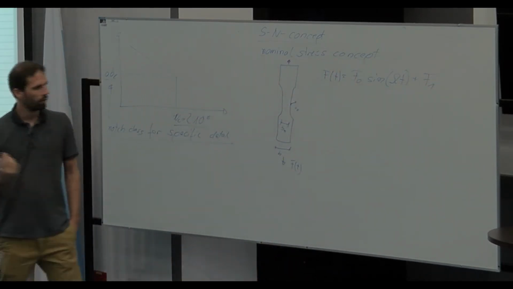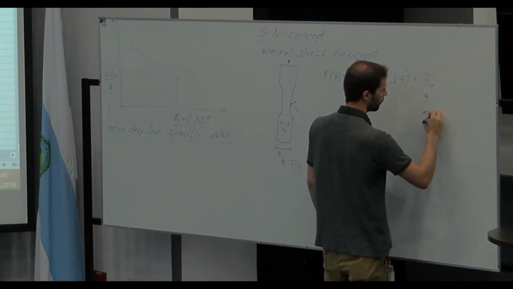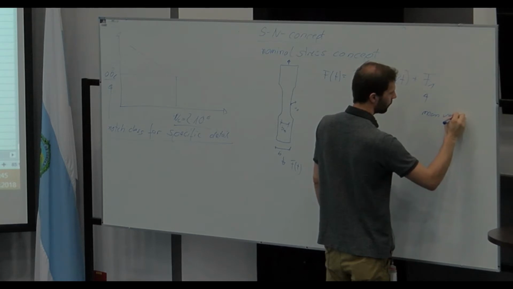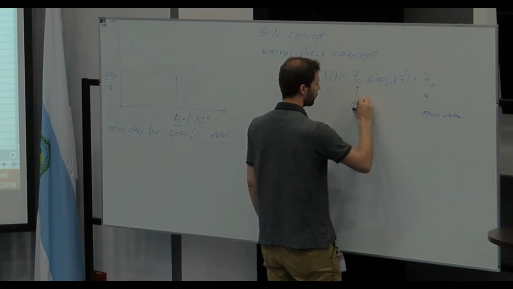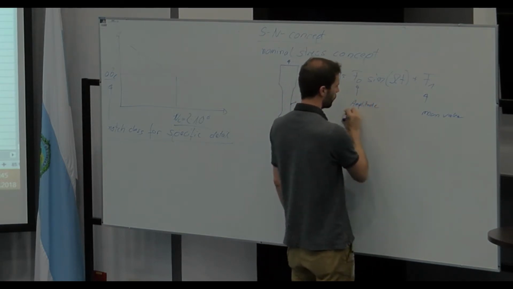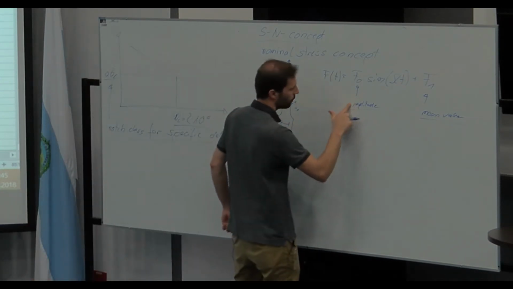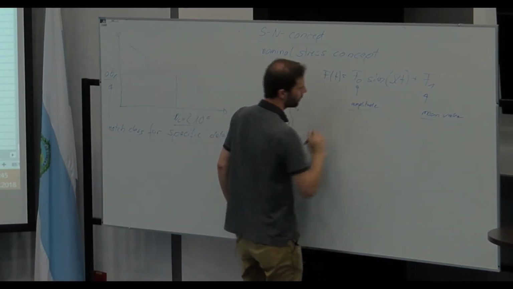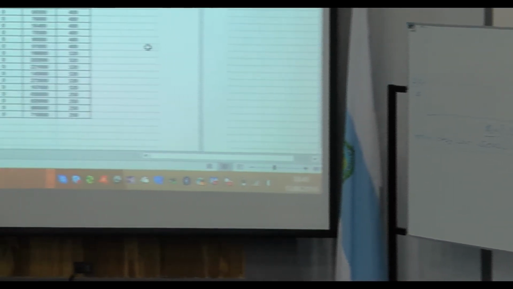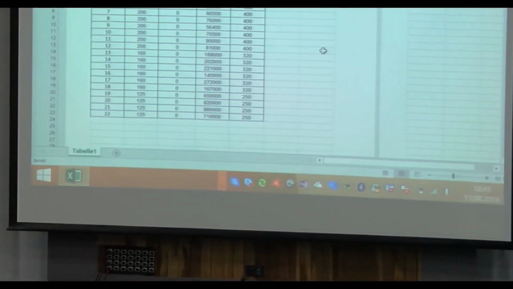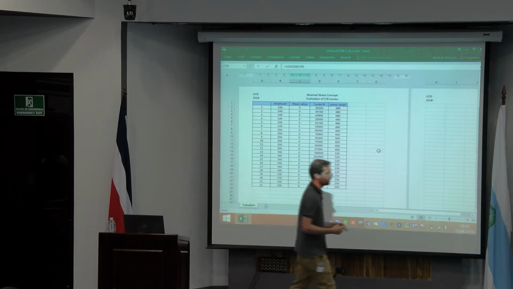So we have some mean value, and here we have our amplitude, small a. We have the amplitude. And at the end, this is how we are going to conduct our testing.